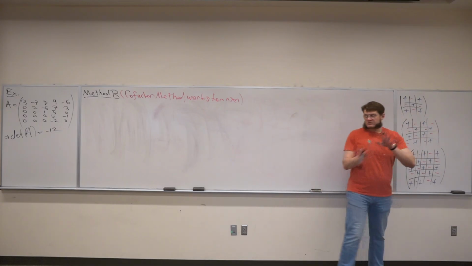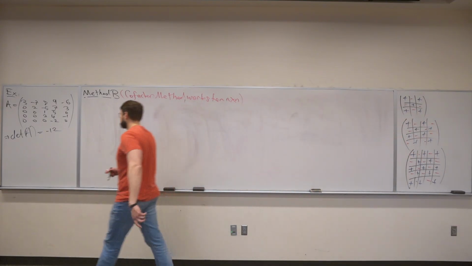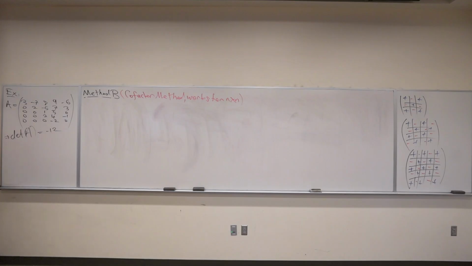And those I'm going to write in terms of 3 by 3 determinants. What you do is this. You start with your matrix. You pick one column or one row. Okay? It doesn't matter which one. Typically, you would choose a row or column that is convenient. So for instance, when I look at this, it seems like choosing this column is going to be convenient.